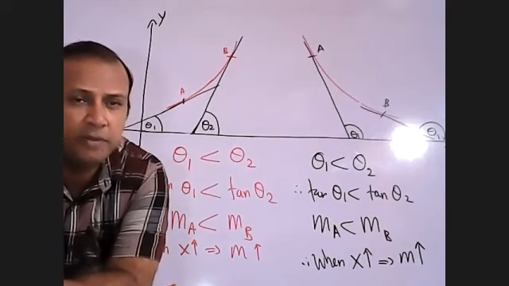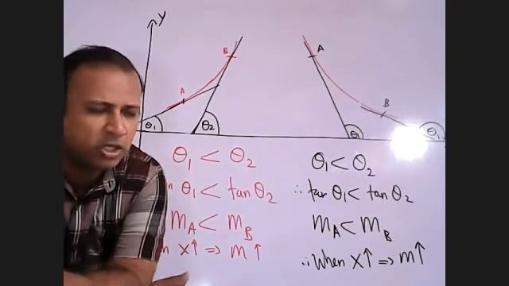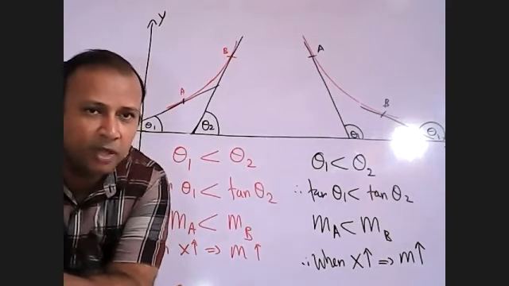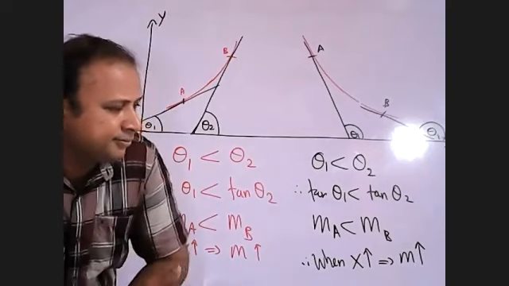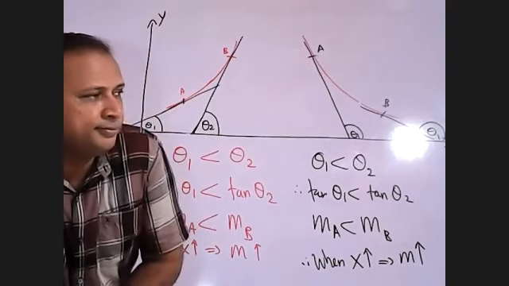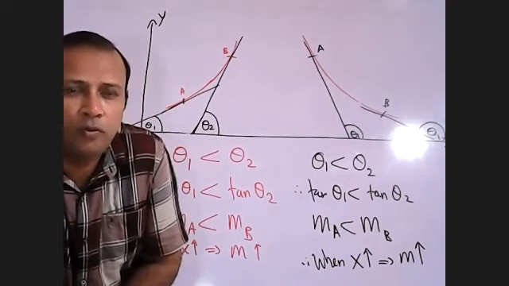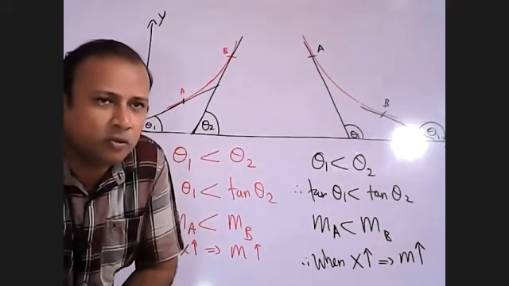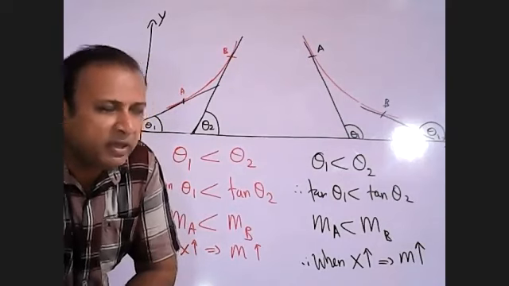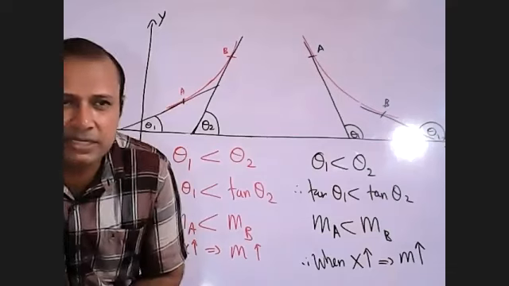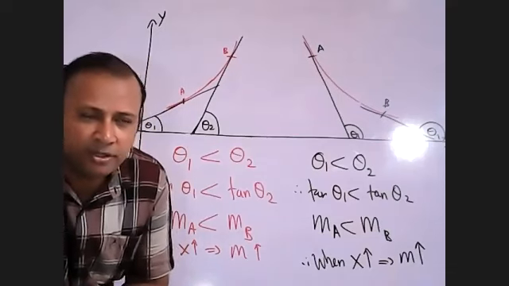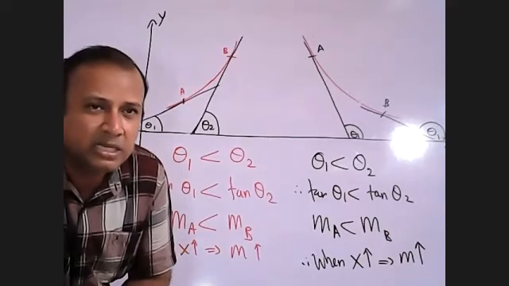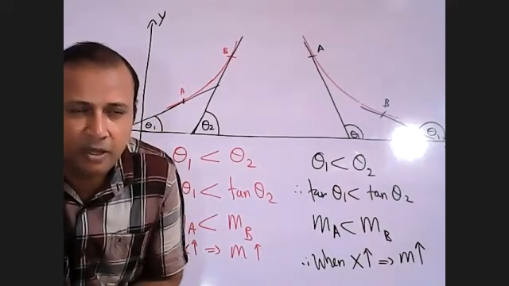If we need to determine the variation of the gradient, then we have to consider 2 points on the graph.